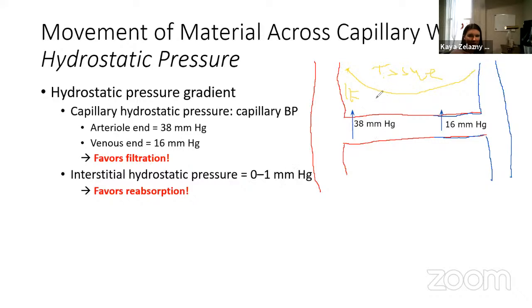So that's like how much fluid we have here. Its pressure is not going to change much from the arteriolar end of the capillary to the venous end of the capillary. It's just this continuous space with itself. It's bigger. It's mostly in equilibrium across the end of the capillary. So it's going to be between 0 and 1 millimeters of mercury across this length.